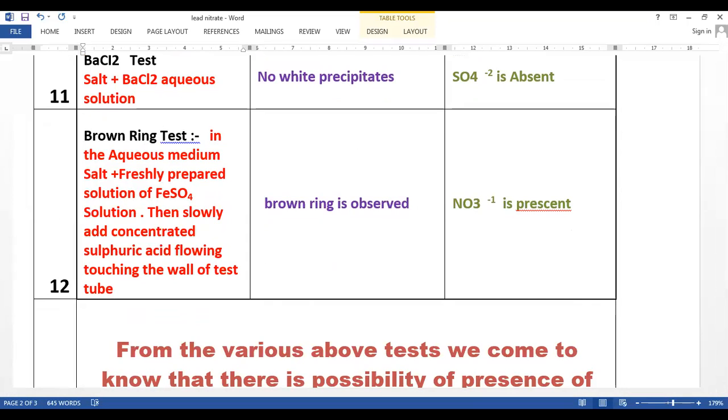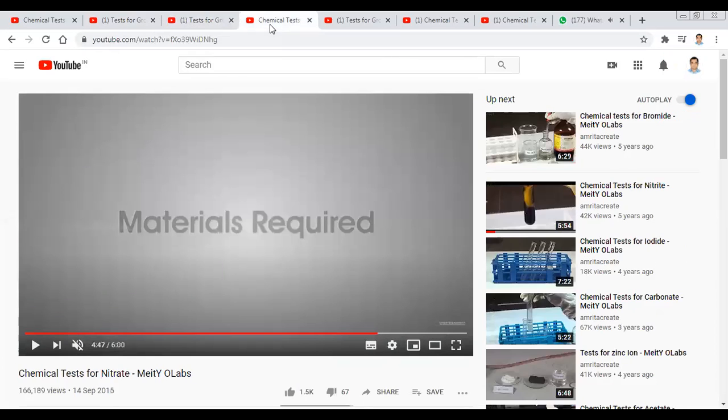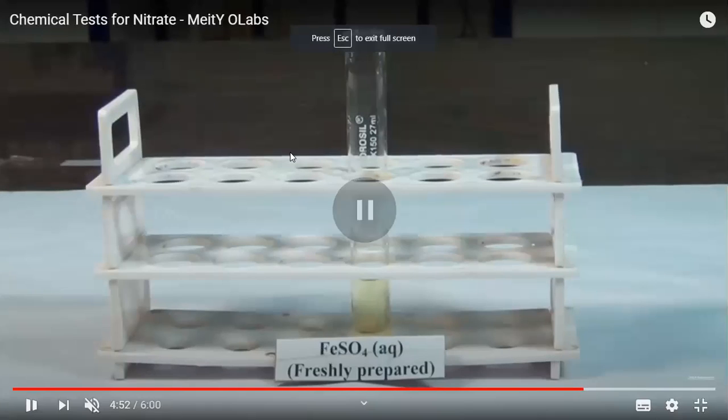So let us see, my dear students, this particular test for our salt analysis. You can see here, we are going to perform a brown ring test. For the brown ring test, we need a freshly prepared FeSO4 solution.